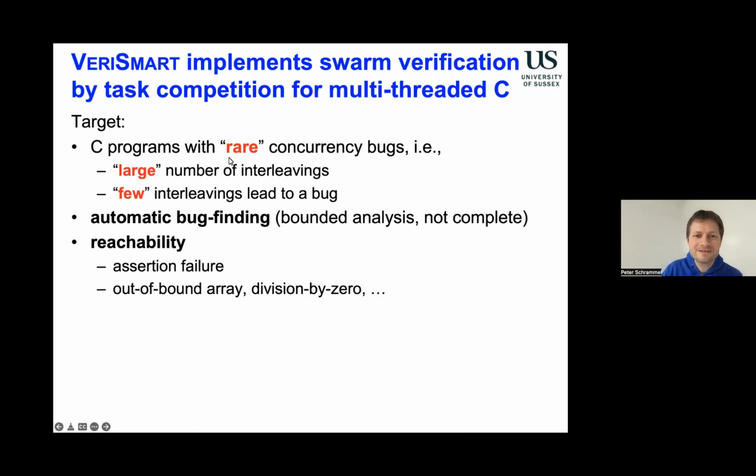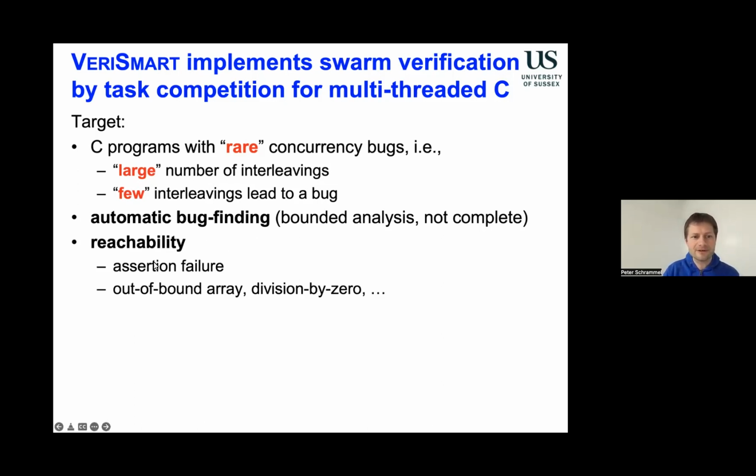For this to be useful, you need rare concurrency bugs, which means you have a large number of interleavings, and only a few of these interleavings lead to the bug. This is the definition of a rare bug. So we use it for bug finding. Everything is bounded, so this is not useful for verification.